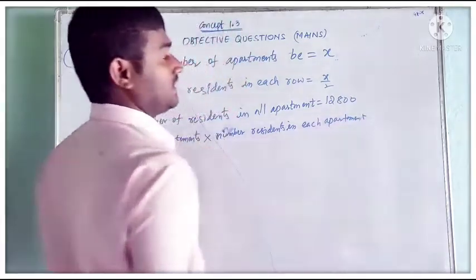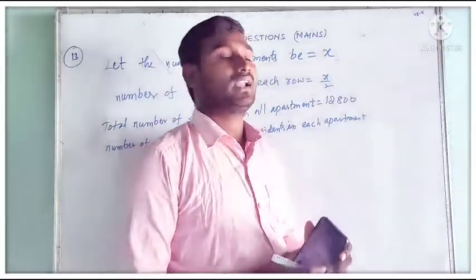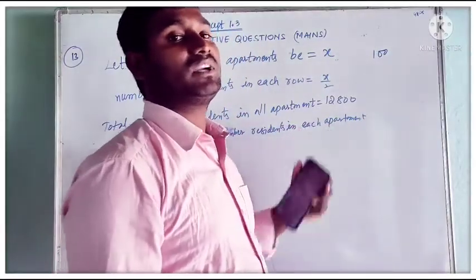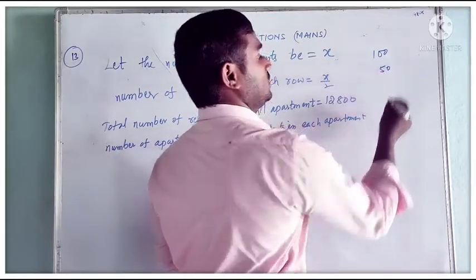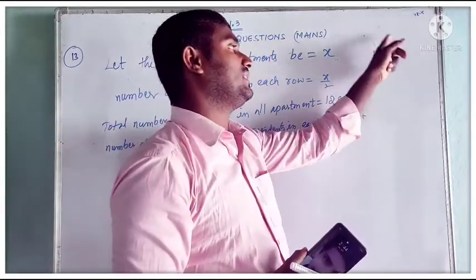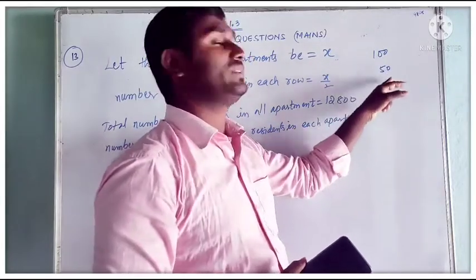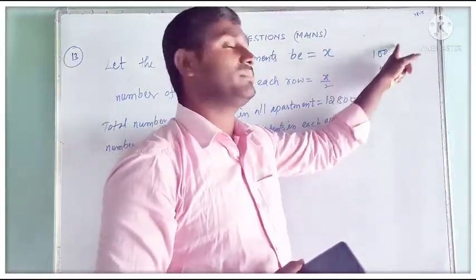Suppose there are 100 apartments, children. In each apartment there are 50 families. Then the total in all 100 apartments will be 100 into 50. Yes or no?